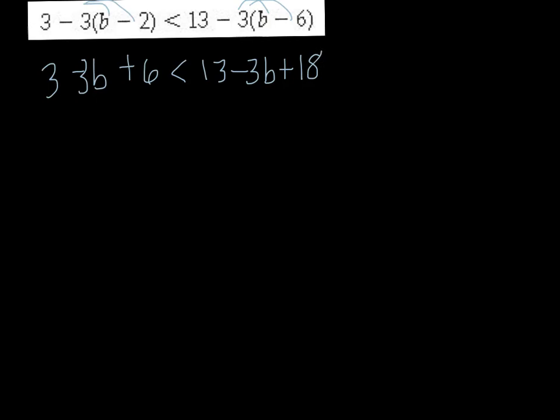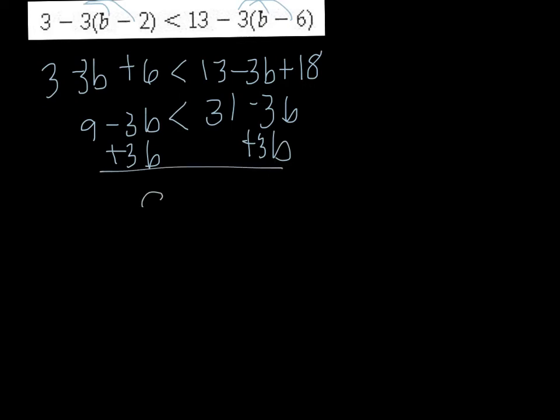Combine our like terms. 6 plus 3 is 9 minus 3b is less than 13 plus 18 is 31. When I add 3b to both sides, I get 9 is less than 31. Well, sure enough, it is. So this is the opposite of the last one. That's why I pulled this one in. This one's going to be all real numbers.